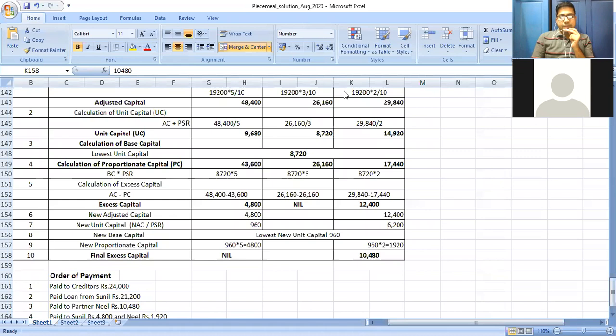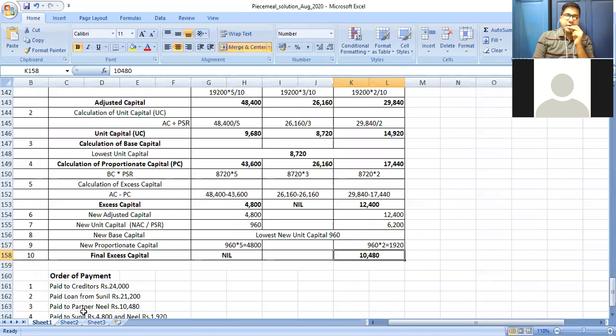In second preference we have to pay the loan from Sunil. Sunil is a partner in the partnership firm, and the firm borrowed the loan from Sunil, rupees 21,200, and we will pay this amount after the payment of creditors. Then after that, we have to consider final excess capital. Here, Neil is a partner who holds final excess capital 10,480.